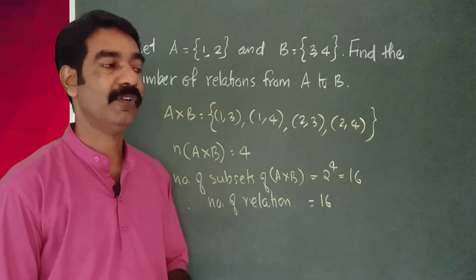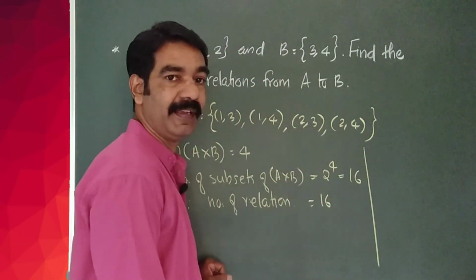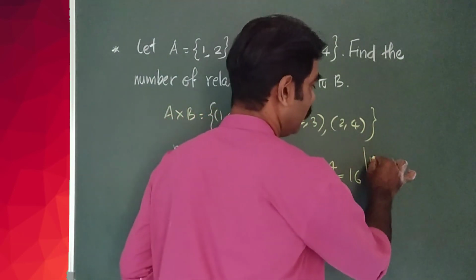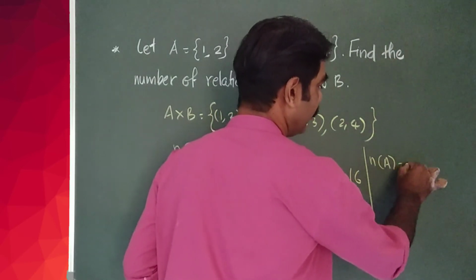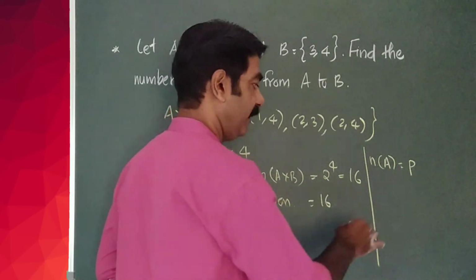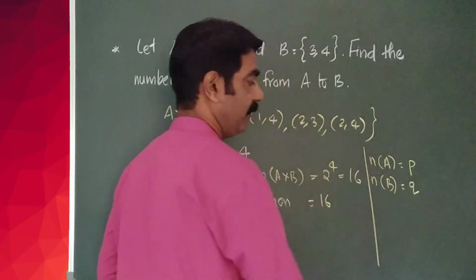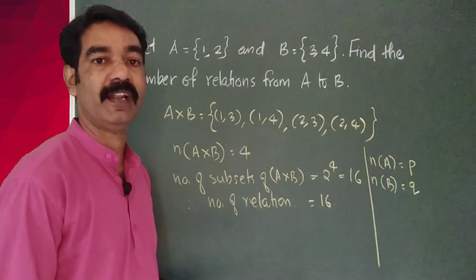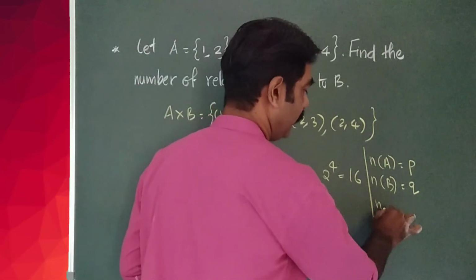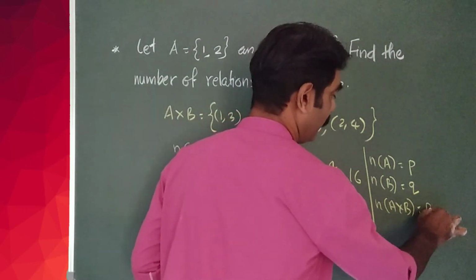ഇവിടെ നമ്മൾ മനസ്സിലാക്കേണ്ട ഒരു കാര്യമുണ്ട്. Suppose A and B are two sets in which the number of elements of A is equal to, suppose, p. A contains p elements and B contains q elements. Then what is the number of A cross B? It will be p into q.